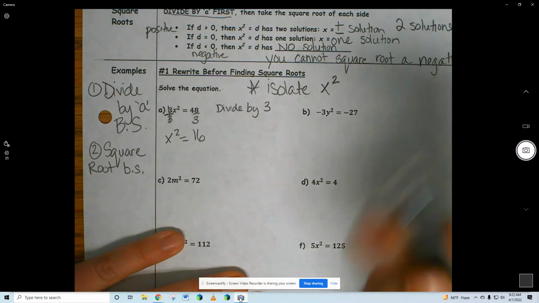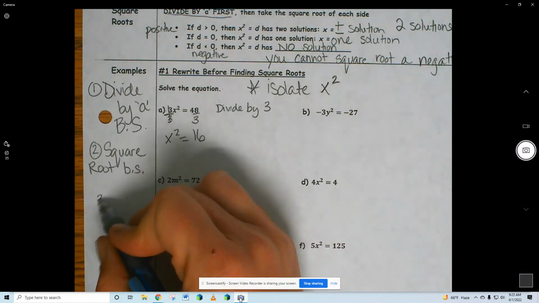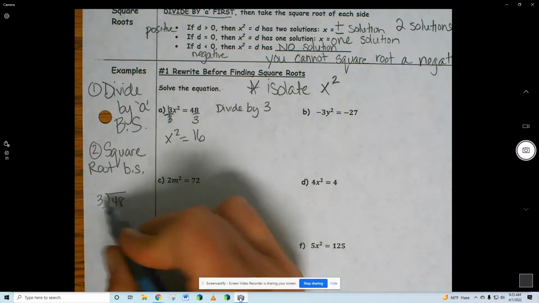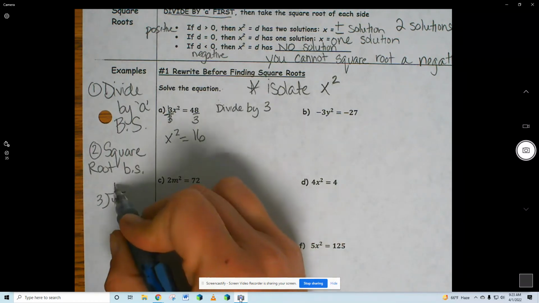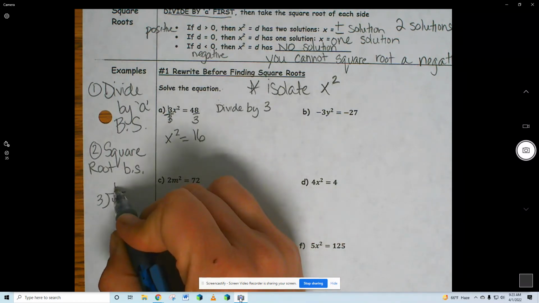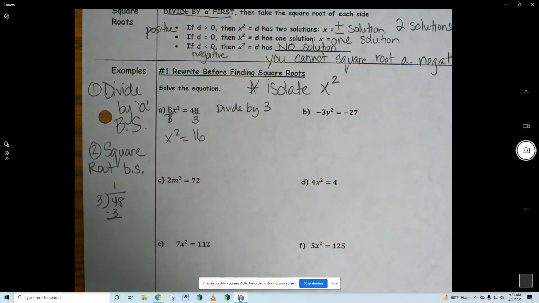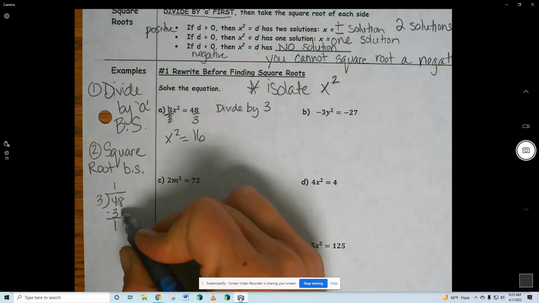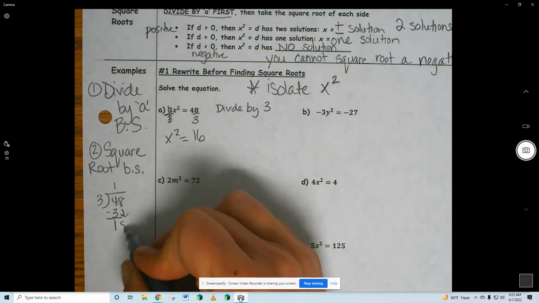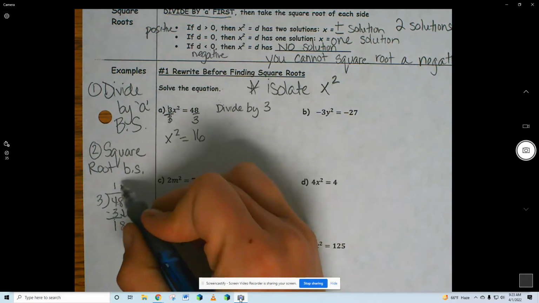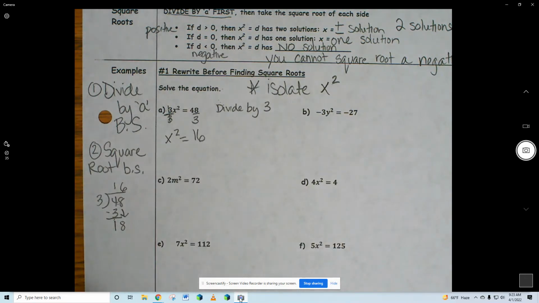And if you don't know, you just go to the side of your paper and you divide. 3 divided into 48. 3 goes into 4 once. 1 times 3 is 3. Subtract. 4 minus 3 is 1. Bring down the 8. 3 goes into 18 6 times. So that's how you get 16. If you don't know it, you divide on the side of your paper.